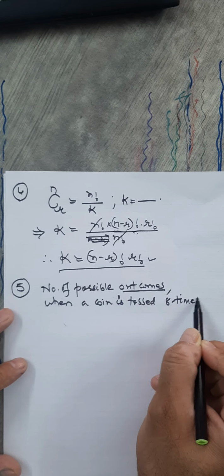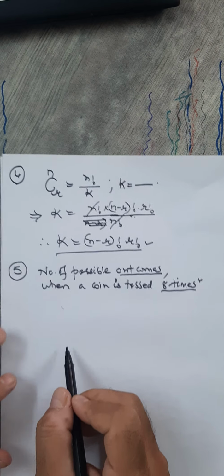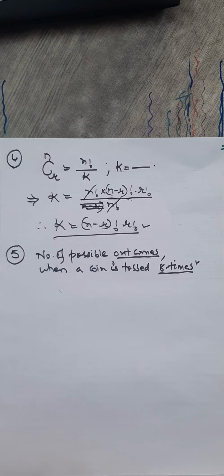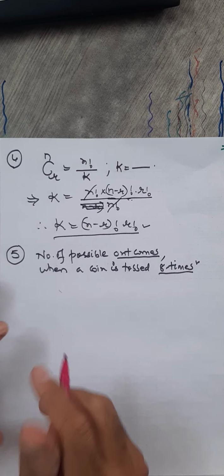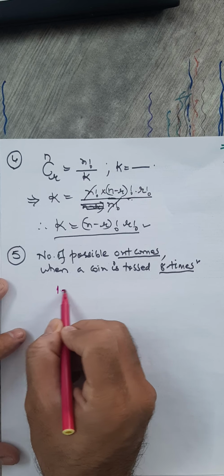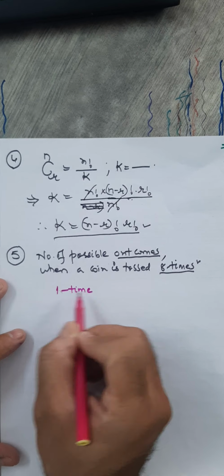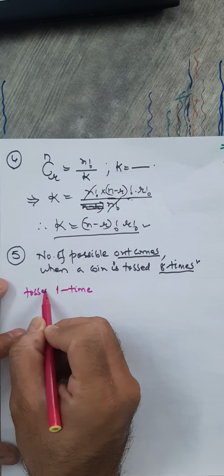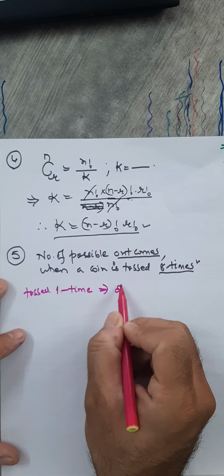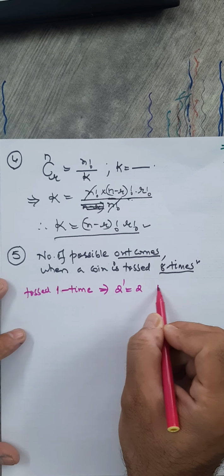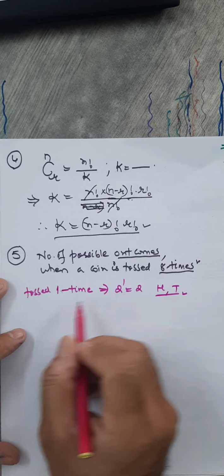You know this, I already discussed this. If a coin is tossed one time, then the possible outcomes are 2 raised to 1, that is 2, head and tail, right? These are the two outcomes.